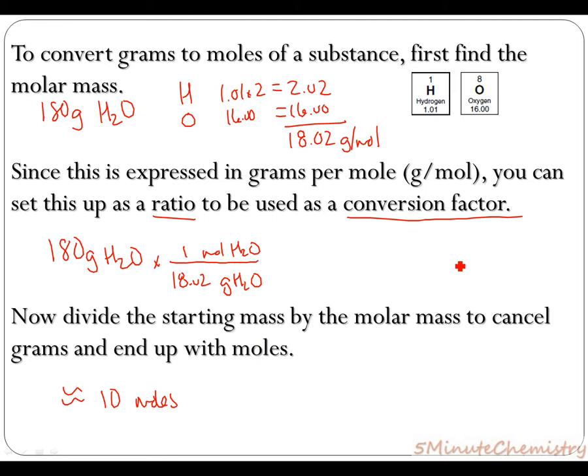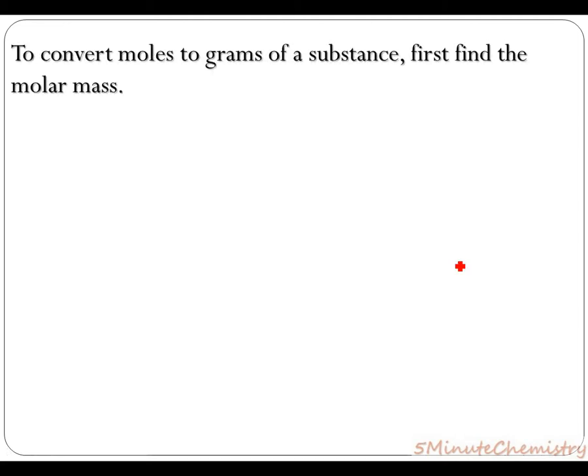Okay. So we'll take a look at going the opposite way now. We want to convert moles into grams. So I'm going to say I start with 3 moles of carbon dioxide. We're going to take a look at carbon. Carbon has an atomic mass of 12.01 times the 1.